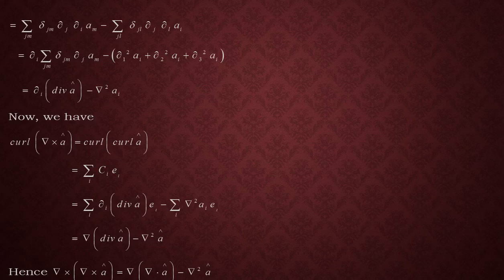Now curl of curl a equals del cross of del cross a equals C_1 i plus C_2 j plus C_3 k. Here C_1, C_2 and C_3 are components of curl a. This can also be written as C_1 e_1 plus C_2 e_2 plus C_3 e_3, which equals summation over i of C_i e_i.